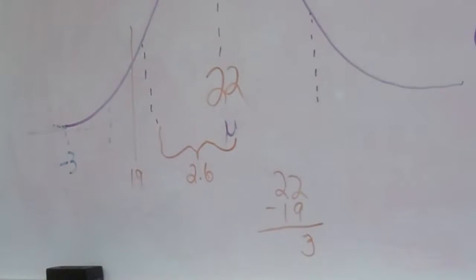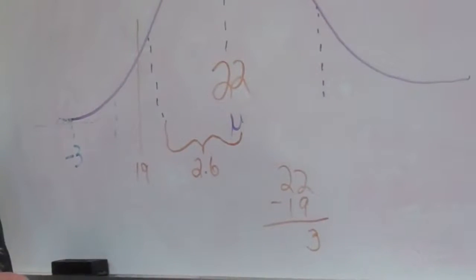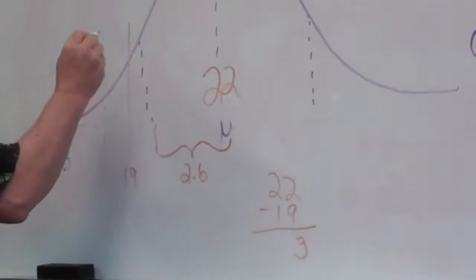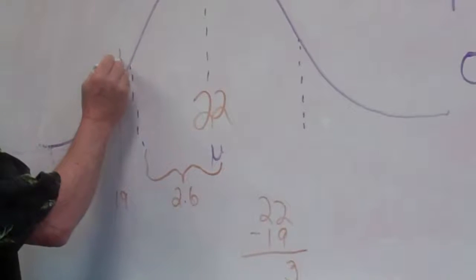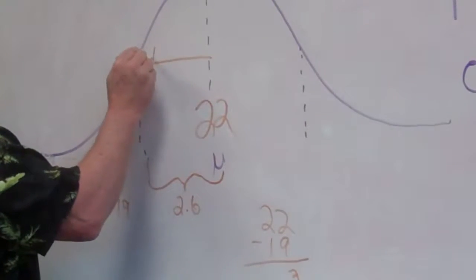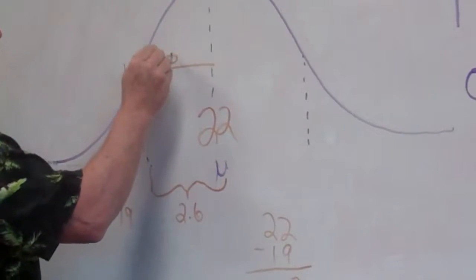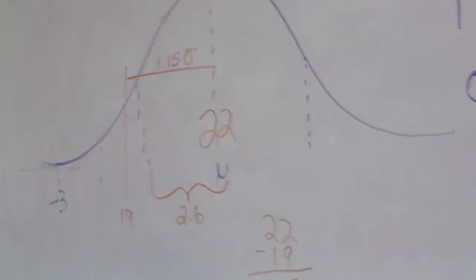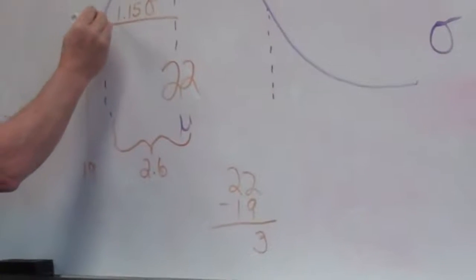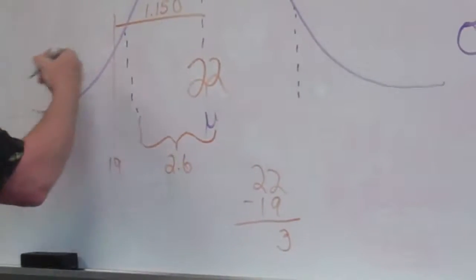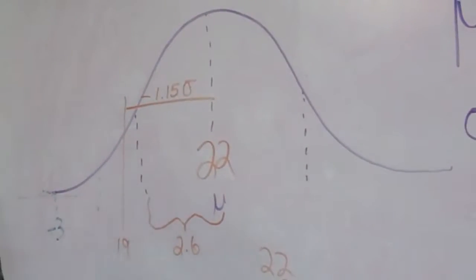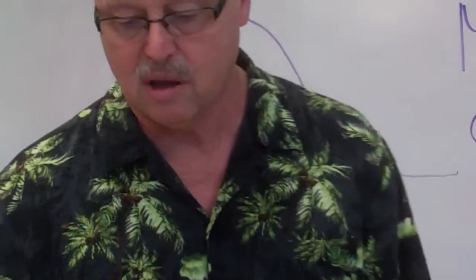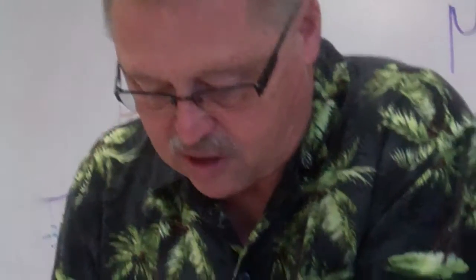In other words, divide that by 2.6. 1.15385. So that means the distance across here is 1.15 of those deviations, right? So then the z-score, since it's left, is going to be negative 1.15. And that's all they asked for in number 3, the z-score.